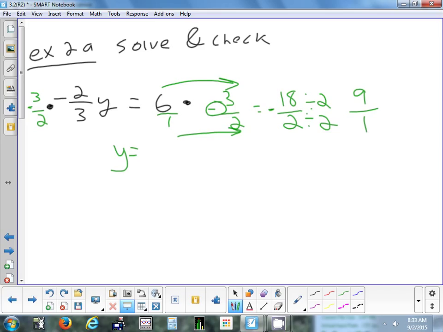What's the sign? Even though we reduced, the sign doesn't change. Don't do more than you have to. What is that really? Sam? -9. Anything over 1 is itself. -9. Excellent.